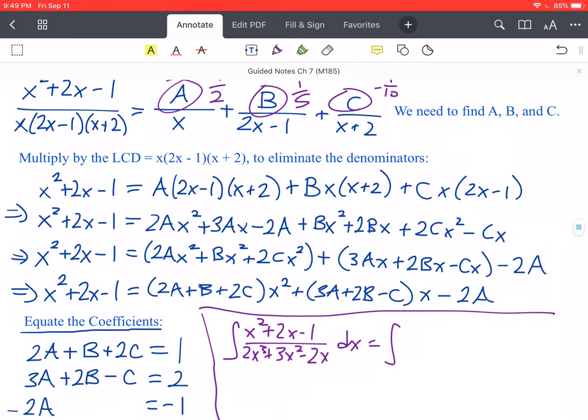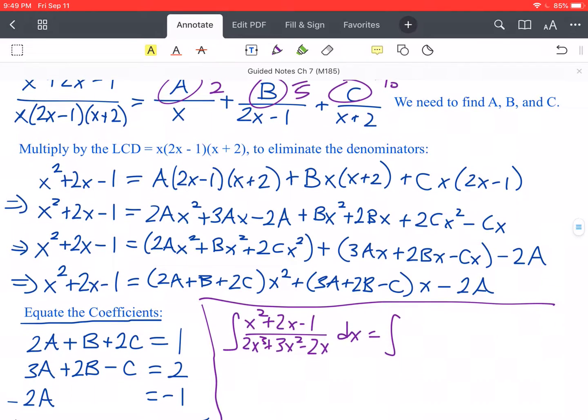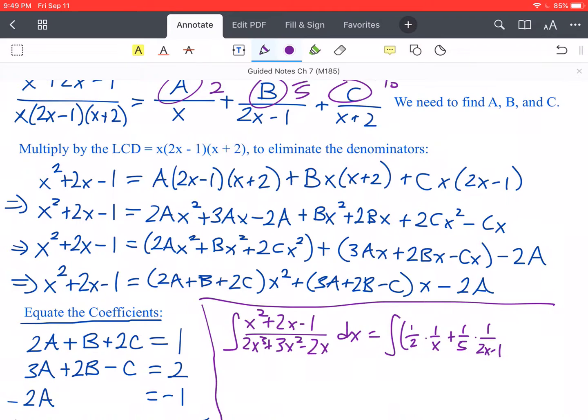So I'm going to use those. We're going to get 1/2 times 1 over x plus 1/5 times 1 over 2x minus 1, and we're going to get minus 1/10 times 1 over x plus 2, dx.